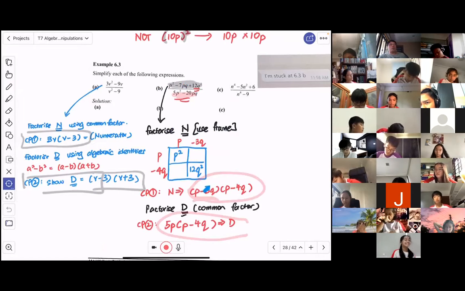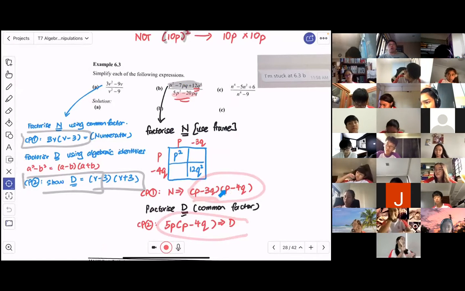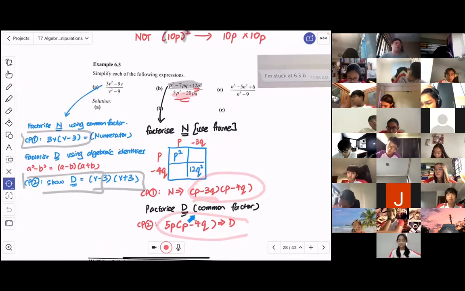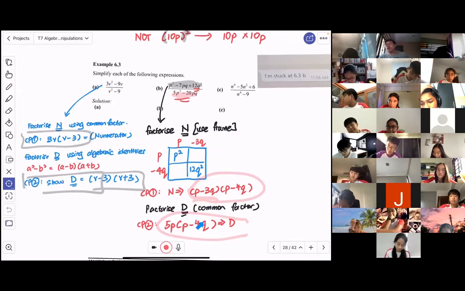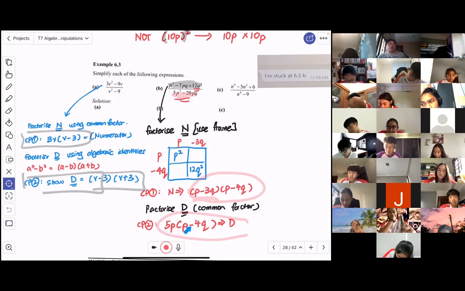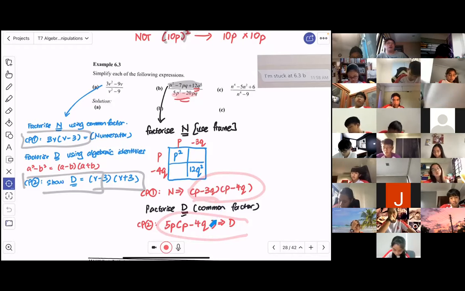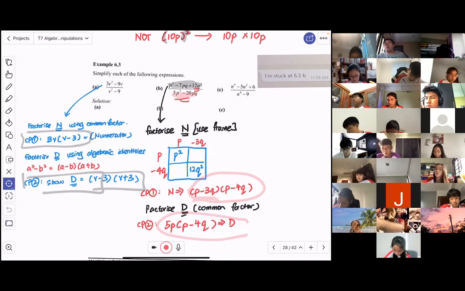Checkpoint 1, try to show that your numerator looks like that. Checkpoint 2, for the denominator, you just use common factor, you can take out a 5p. And you can see that there are things to cancel out. I might be switching screen quite soon, so you just help me take a photo.